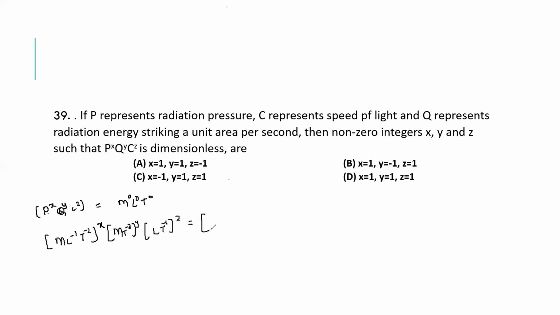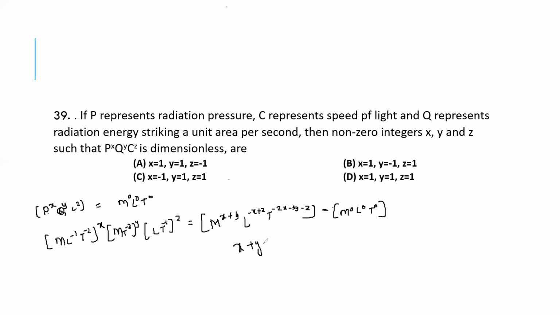Simplifying for M, it becomes x plus y. For L, it becomes minus x plus z. For T, it becomes minus 2x minus 3y minus z. This is equal to the dimensionless quantity, M raised to 0, L raised to 0, T raised to 0. Now we can equate the powers here.